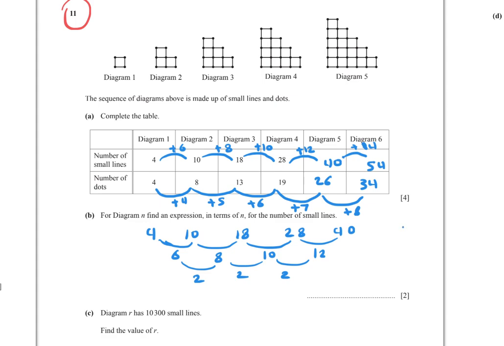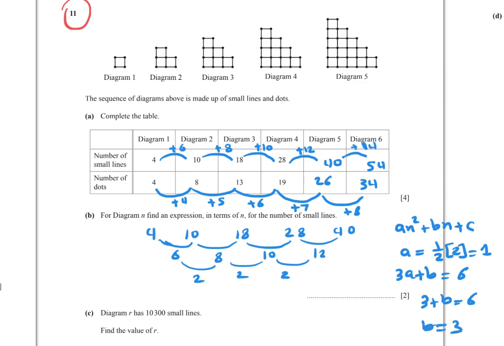So the nth term is an squared plus bn plus c. A equals half the second difference. So half times 2, which is 1. So a equals 1. Now to find b, 3a plus b equals the first difference, which is 6. So 3 times 1 equals 3. So 3 plus b equals 6. So b equals 3.